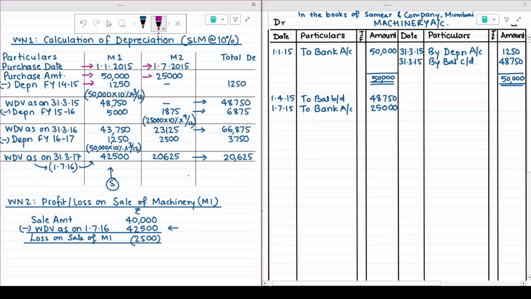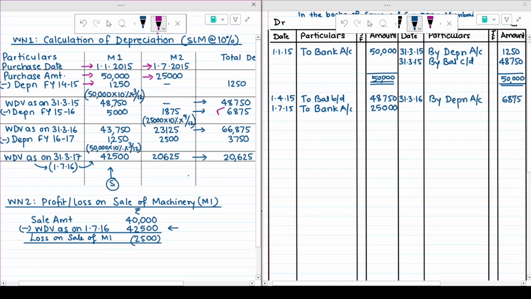So the entry of 25,000 is done. And now no purchase or sale entries are pending. We can directly pass the depreciation entry at the year end. So at the year end, that is 31st March 16, by depreciation account 6875. So this entry is passed.